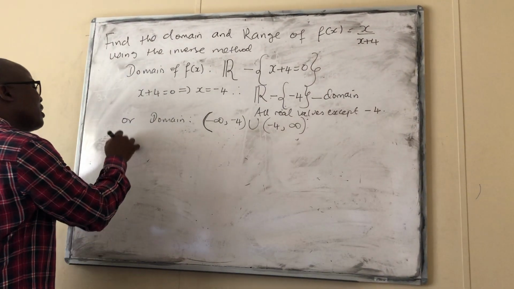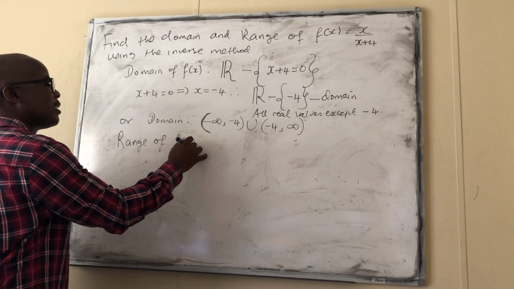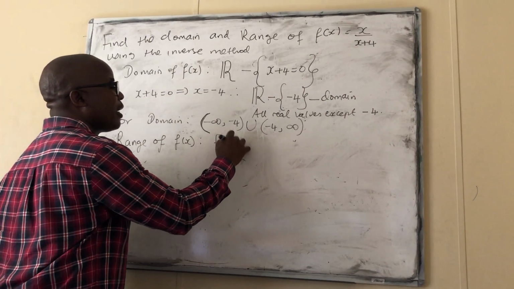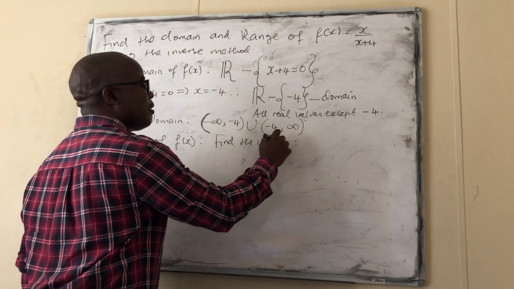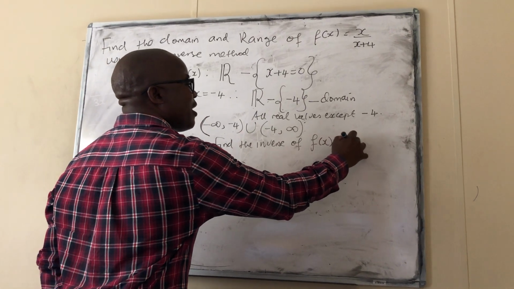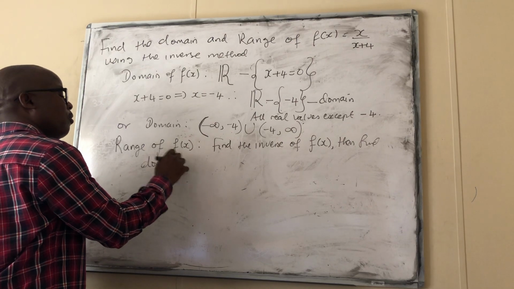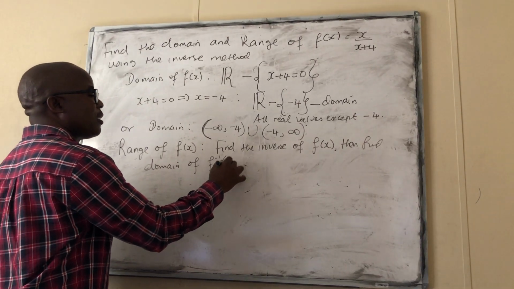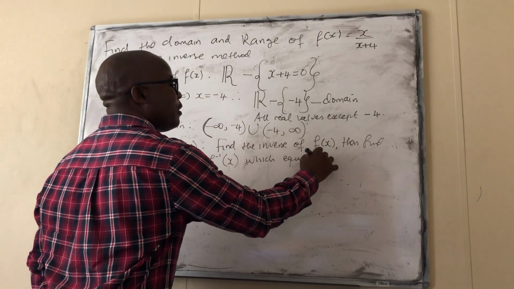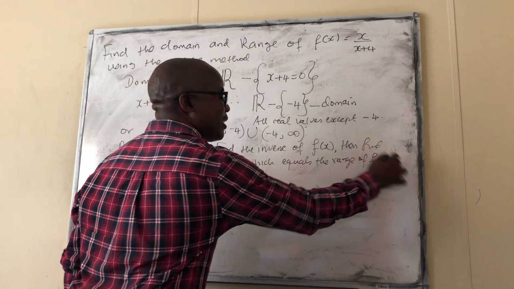Now, how do you find the range of f of x? To find the range of f of x, we have to find the inverse of f of x, then find the domain of the inverse, which equals the range of f of x.